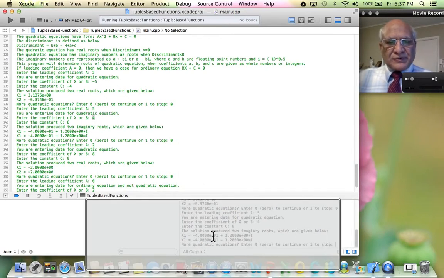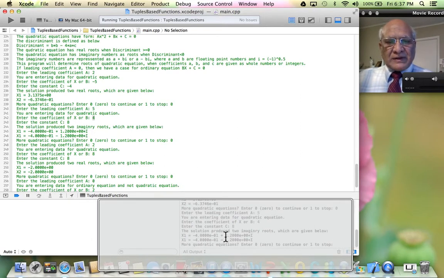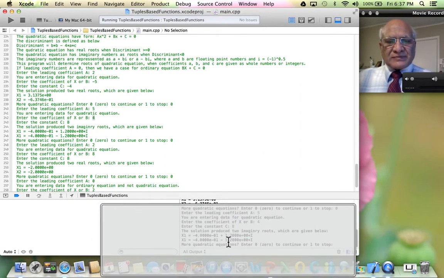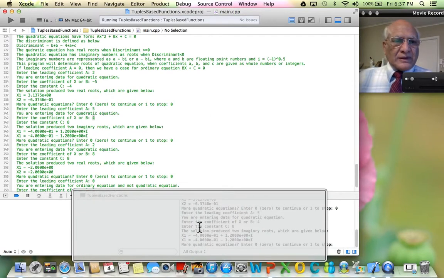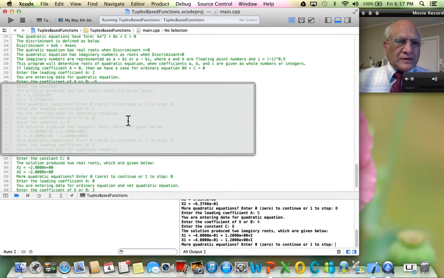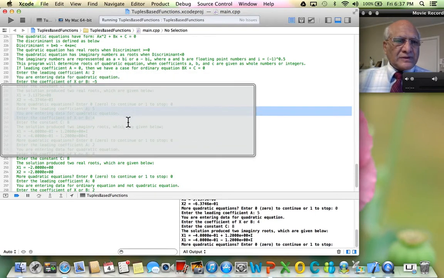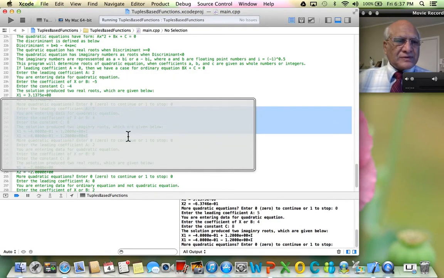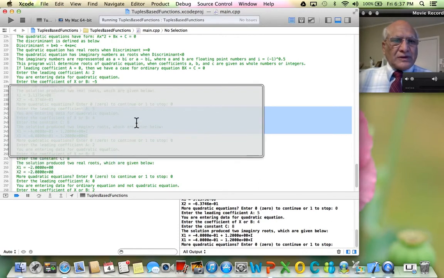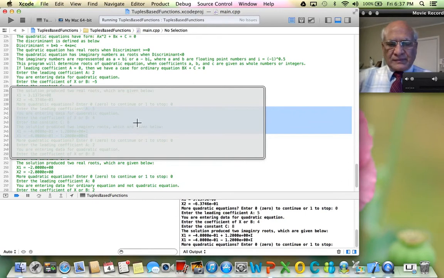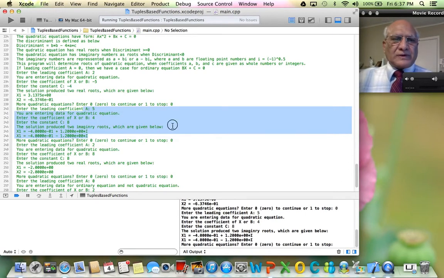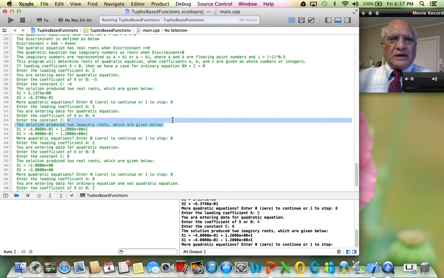X1 is minus 4 times 10 to the power minus 1, so 0.4, so to speak, and plus and minus 1.2. And let's see what we get. And for 5, 4, and 8, can you see here? I get the same result. Okay. So our getRoots function using tuples works.